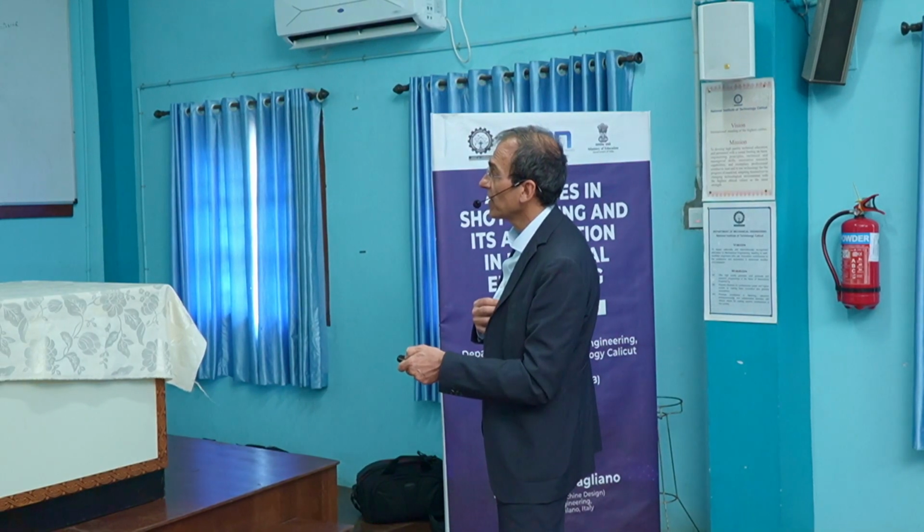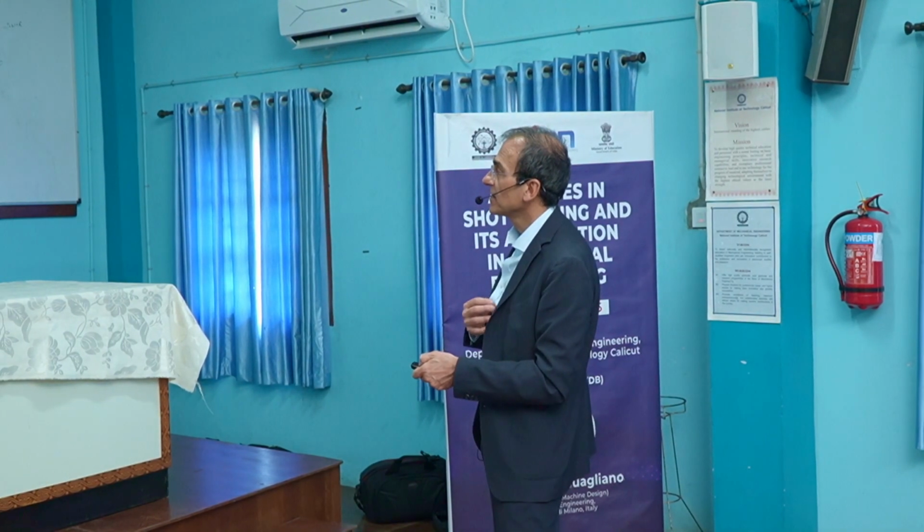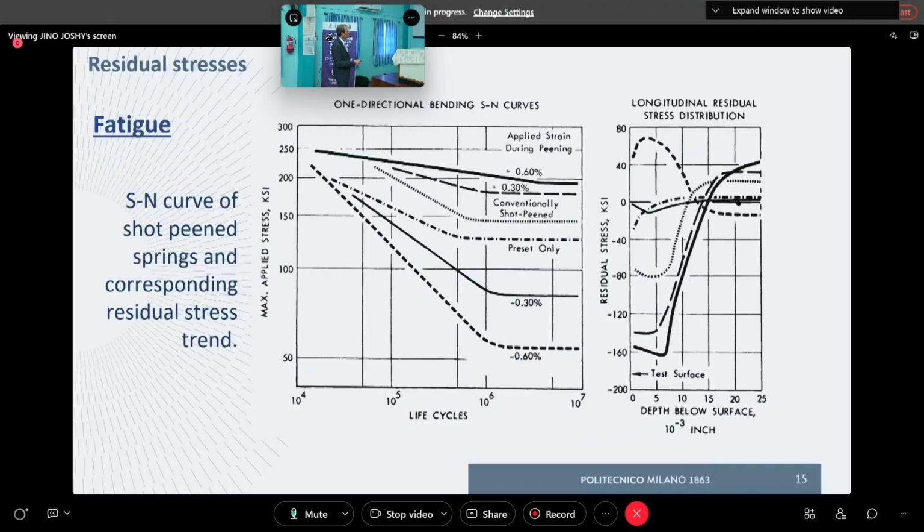In this case, we can recognize the typical trend due to the residual stresses of shot peening, with a compressive value and then a peak under the surface, and then at 10,000 inches, it gets to 0 and then becomes tensile.